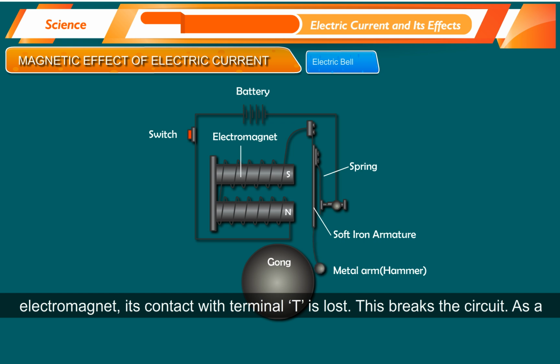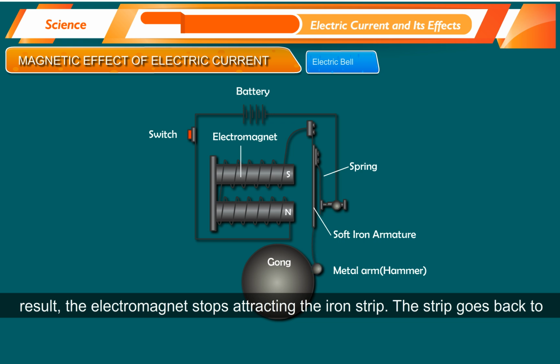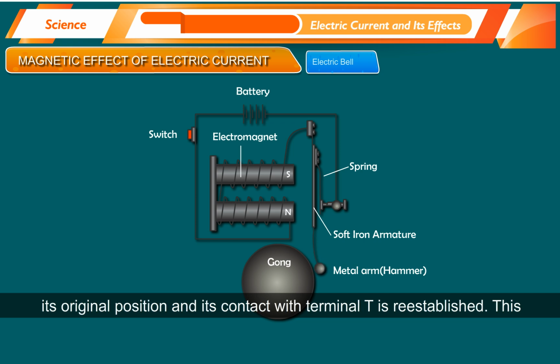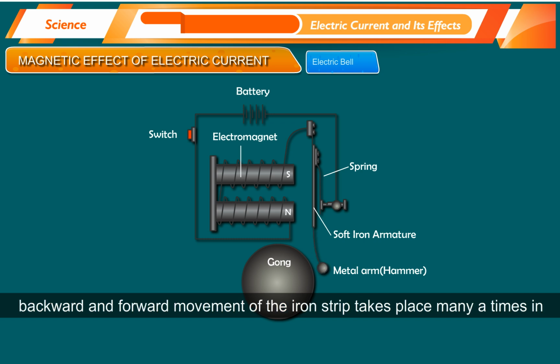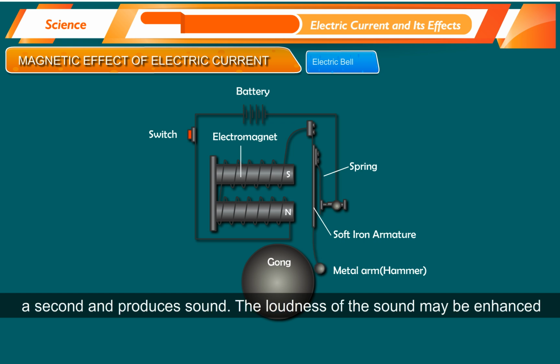This breaks the circuit. As a result, the electromagnet stops attracting the iron strip. The strip goes back to its original position and its contact with terminal T is re-established. This backward and forward movement of the iron strip takes place many a times in a second and produces sound.